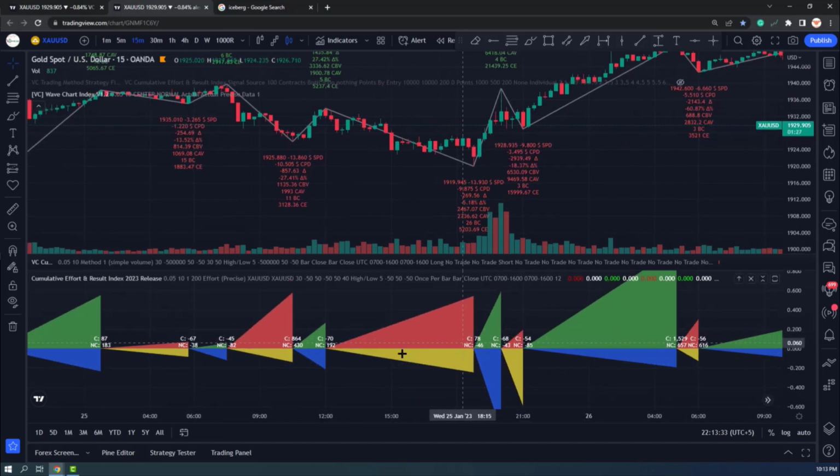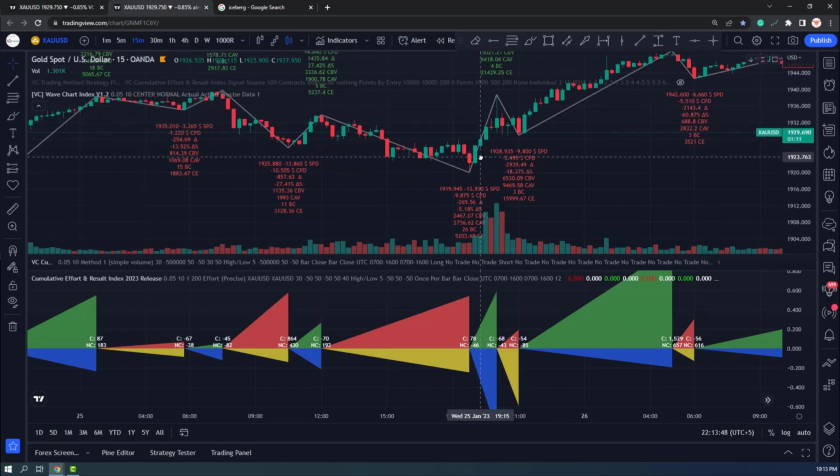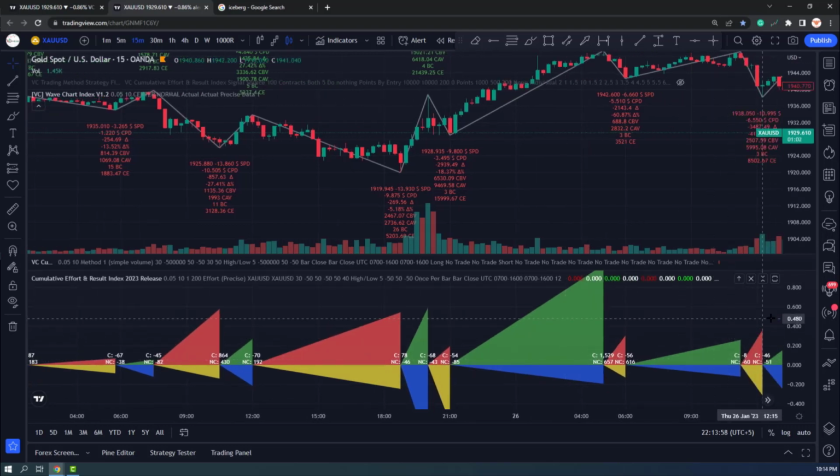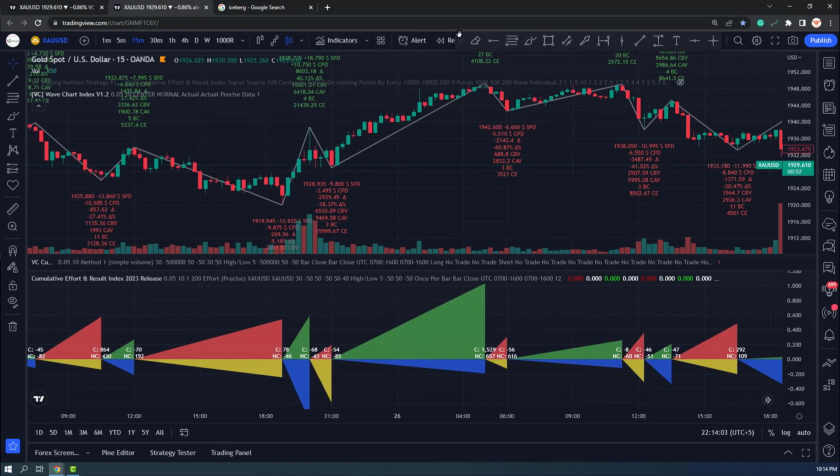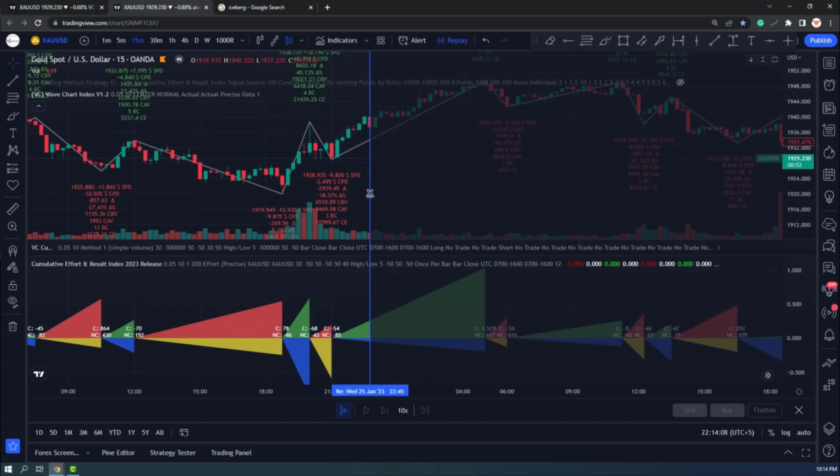The real-time wave means before the completion of the wave. A wave is completed when the opposite side wave is formed, so the previous wave is deemed completed. Let me give you a clear demonstration by using bar replay.